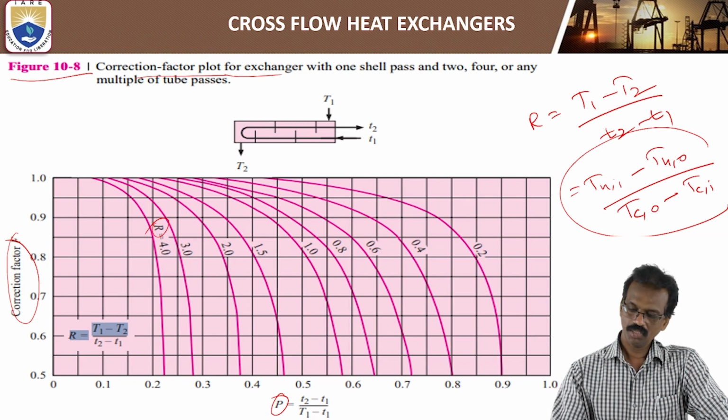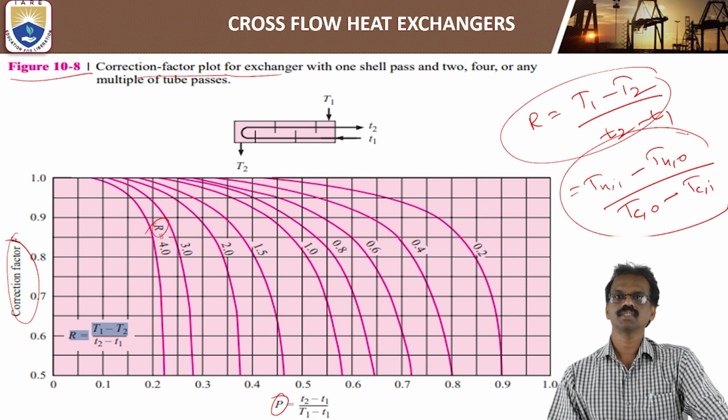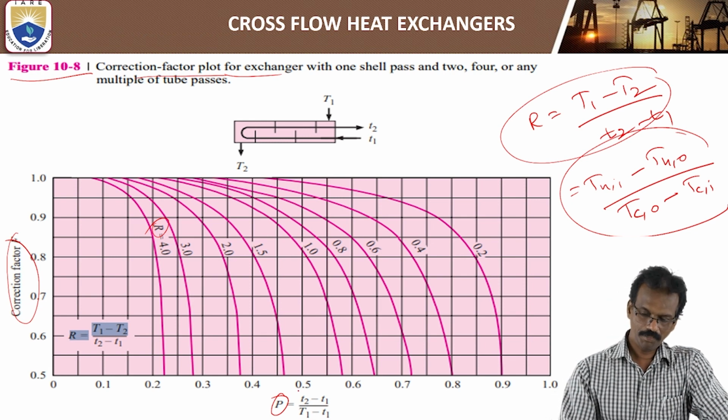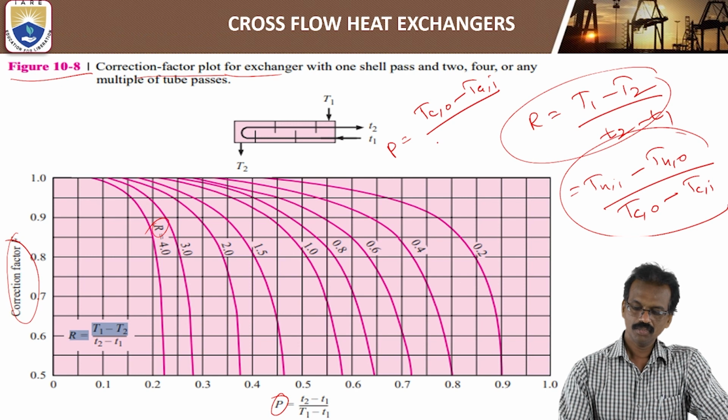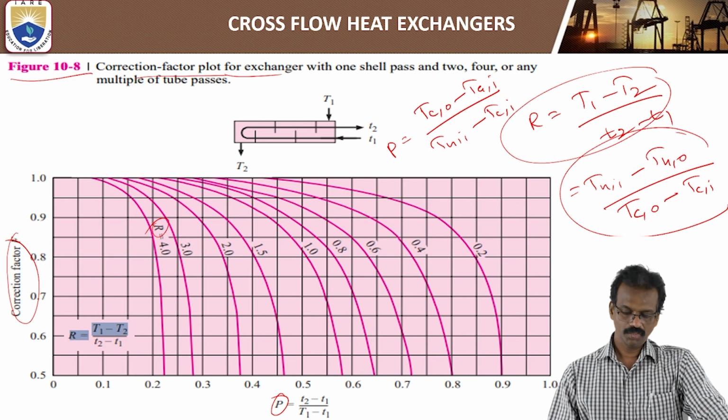We can use this type of formula or a similar one. Similarly, P is the cold fluid outlet temperature T C O minus T C I, divided by T H I minus T C I. You can use either form.